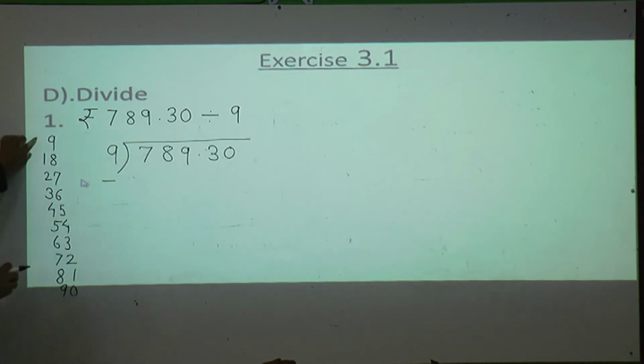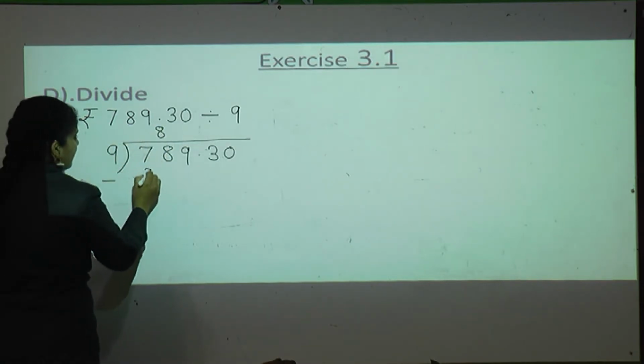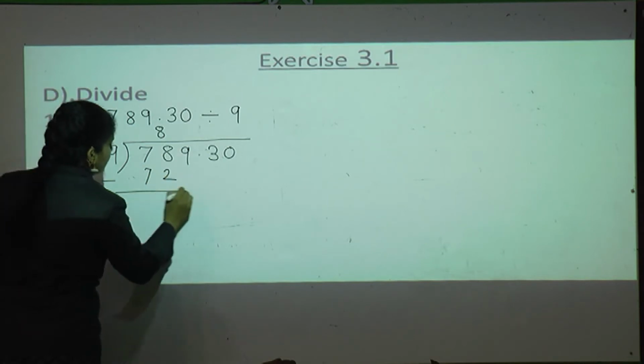So students, here 78 is not in the table of 9. So which number do we have to take now? 72 or 81? 81 is greater than 78. So take 72. So 9 8s are 72. Subtract it.